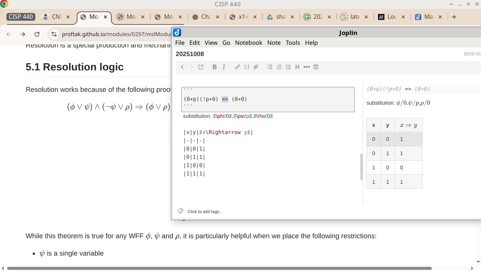We are looking at one of these three rows, but only one of these three rows corresponds to the right-hand side also being false, which is this one here. So by that, X also has to be false. Is that okay?